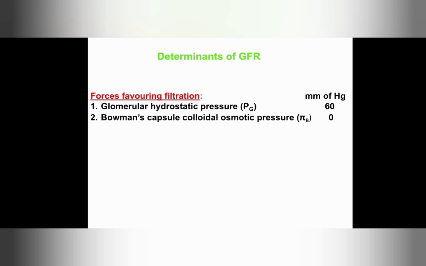The Bowman's capsule colloidal osmotic pressure is denoted by pi B, and the amount is always 0. So these are two forces favoring.